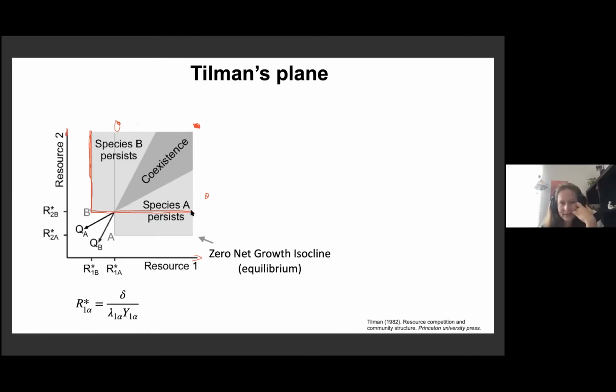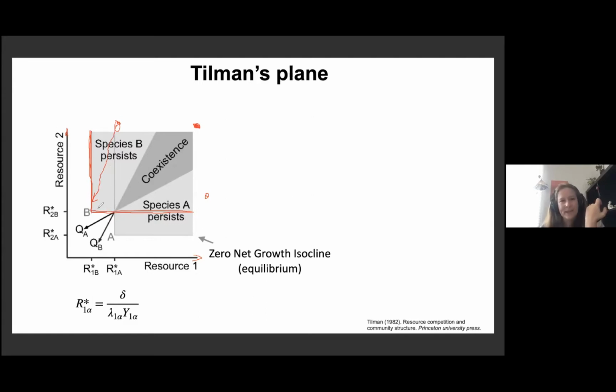And this angle is for the min function, but for other functional forms, it can be something like this or some other shapes. So basically, if you populate your ecosystem with species B, say, it will start depleting resources, something like that, according to your parameters, and then it will end up on this line somewhere at a steady state.